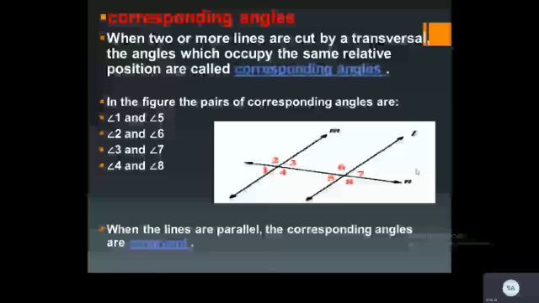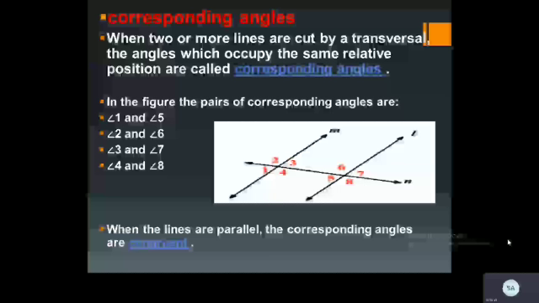In the figure, the pairs of corresponding angles are angle 1 and angle 5, same side of the transversal, and angle 2 and angle 6. These are also on the same side of the lines. Angle 3 and angle 7. And angle 4 and angle 8.